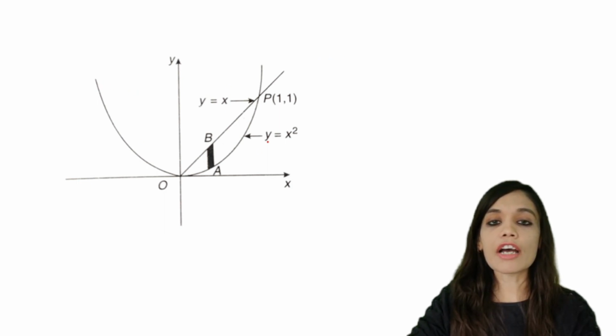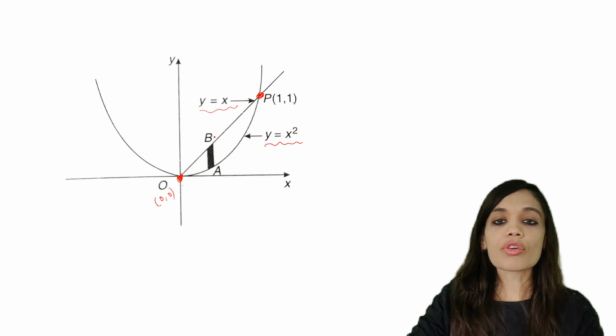So this is our graph of the parabola y equals x squared. Now draw the line y equals x. Okay. Now we know the points of intersection of the line and parabola are the origin and (1, 1). Right. So let us draw a strip, vertical strip AB, right?